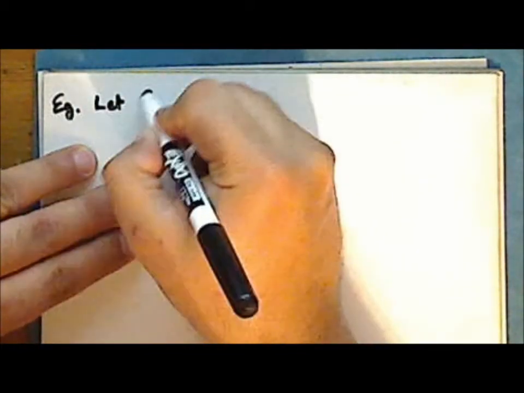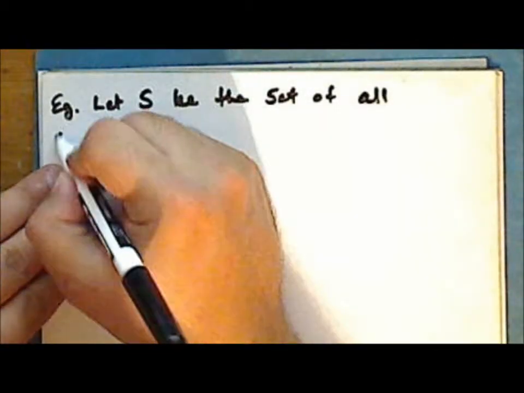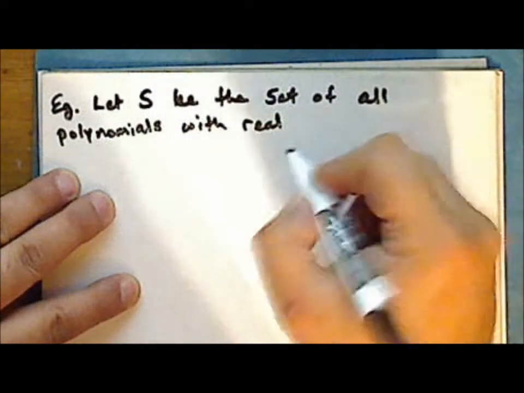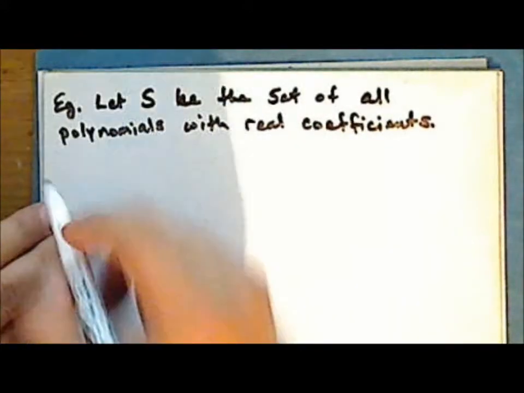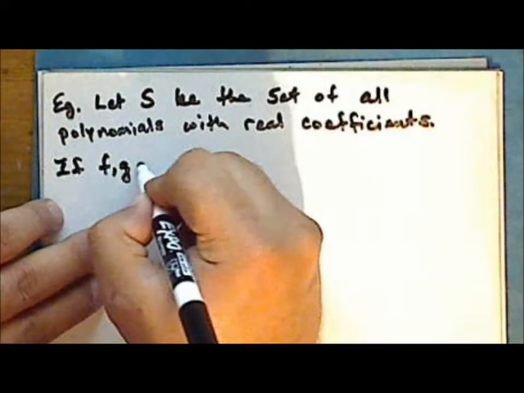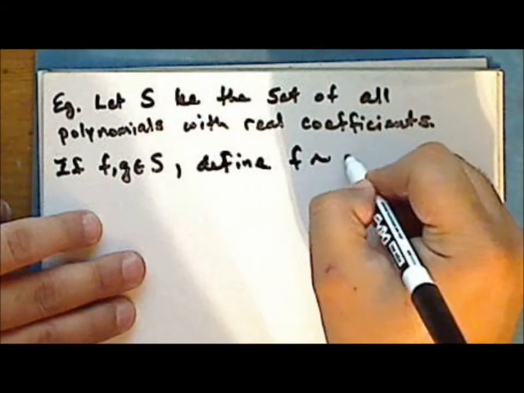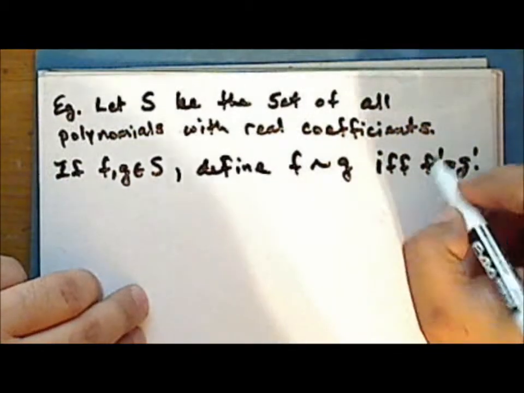All right, so we'll look at an example. So let the set S be the set of all polynomials with real coefficients, and if f and g are two such polynomials, define f to be related to g if and only if f prime is equal to g prime, that is the derivative of f is equal to the derivative of g, first derivative.